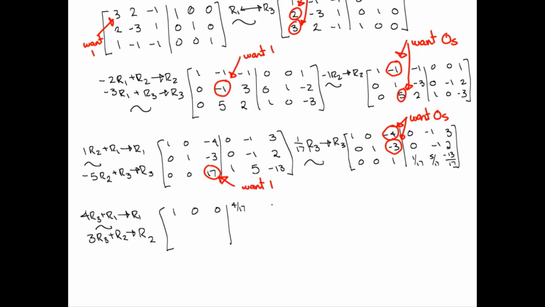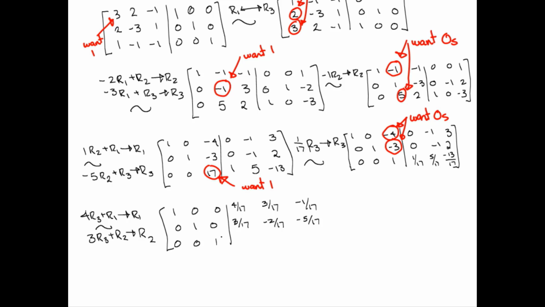So 4/17, 3/17, and -1/17. Second row will give me 3/17, -2/17, and -5/17. Don't be surprised at getting fractions on these. It's pretty normal. If you don't get a bunch of fractions, it's probably because someone was being nice to you.